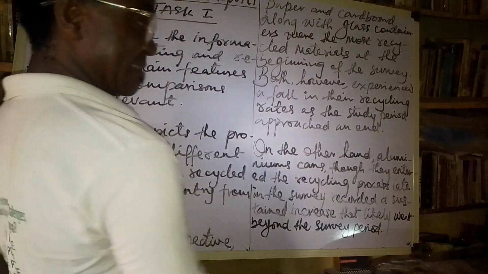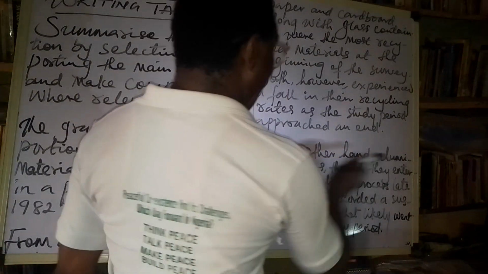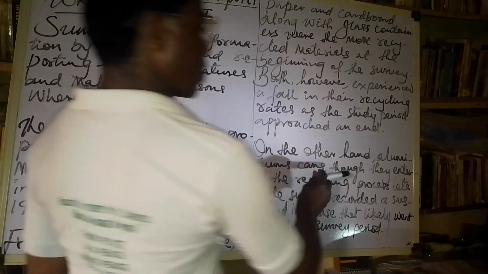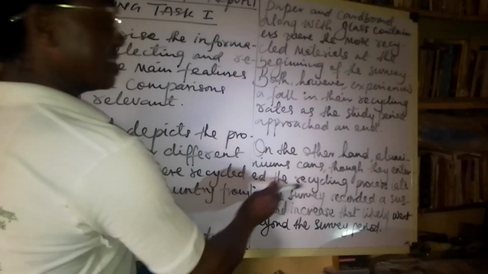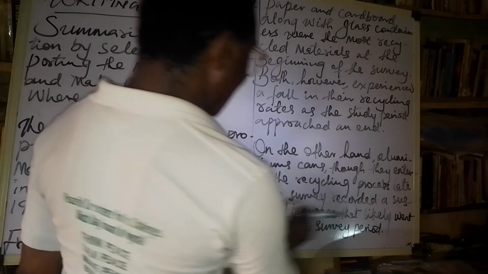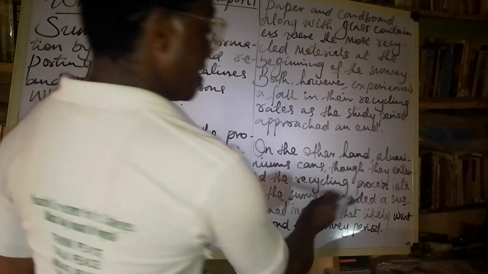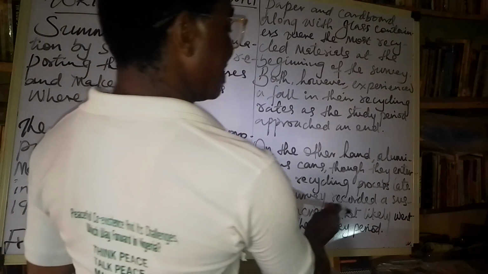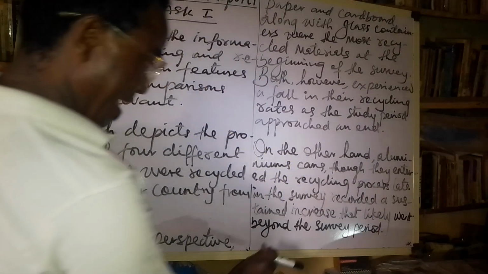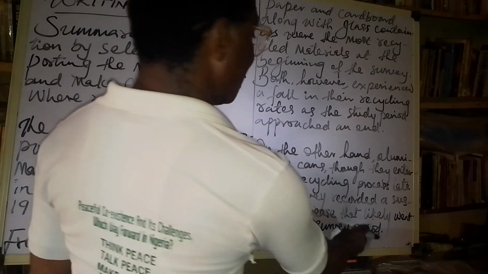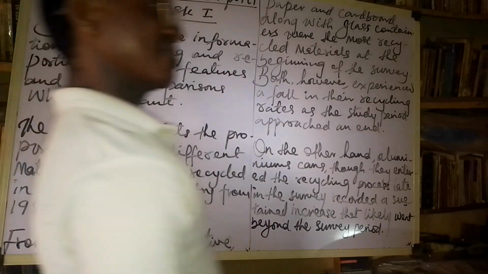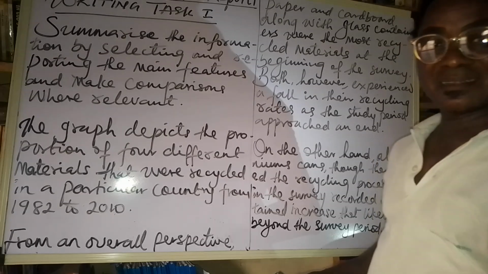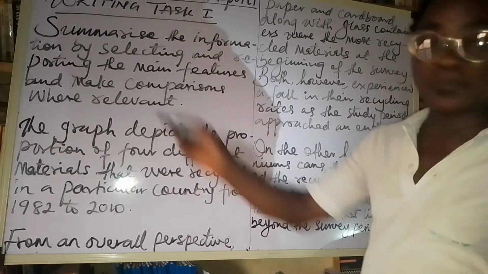On the other hand, aluminium cans, though they entered the recycling process late in the survey, recorded a sustained increase that likely went beyond the survey period. So, the third paragraph here is a kind of comparison.